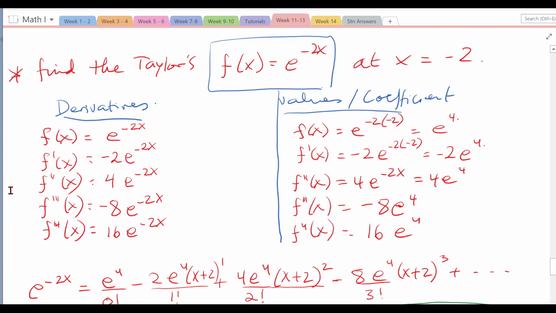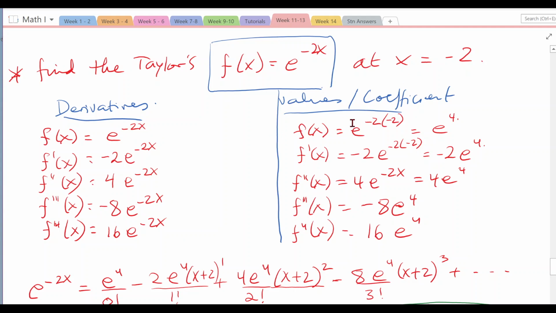So we have all the derivatives of the original function on the left hand side, and on the right hand side we take the value, and that will be the coefficient of the Taylor expansion. We substitute x equals negative 2 into all the derivatives one by one, starting from the original e to the negative 2x.